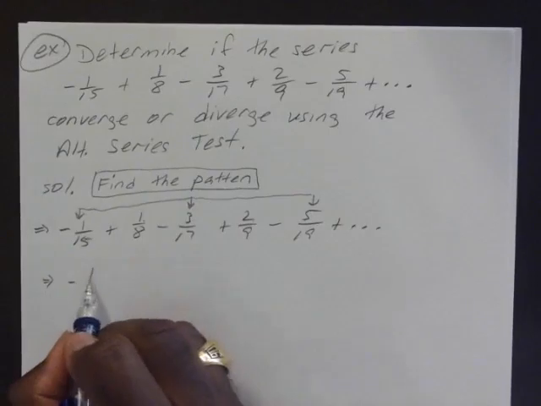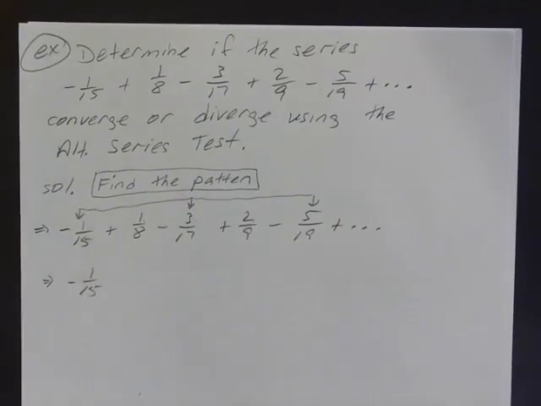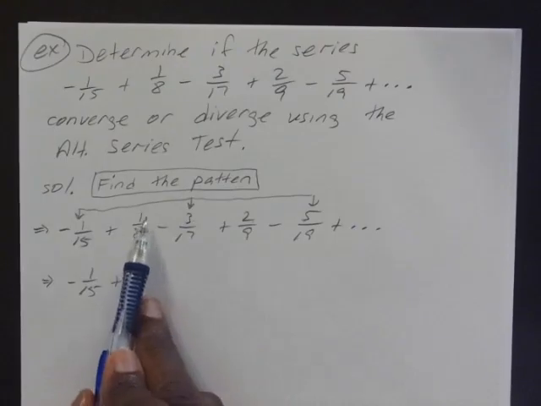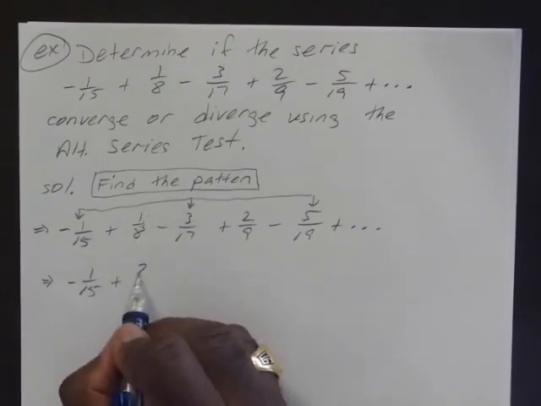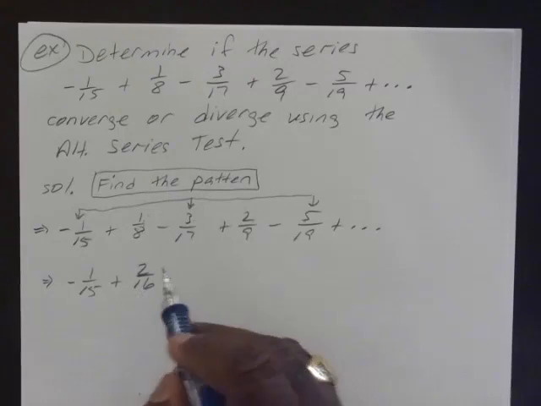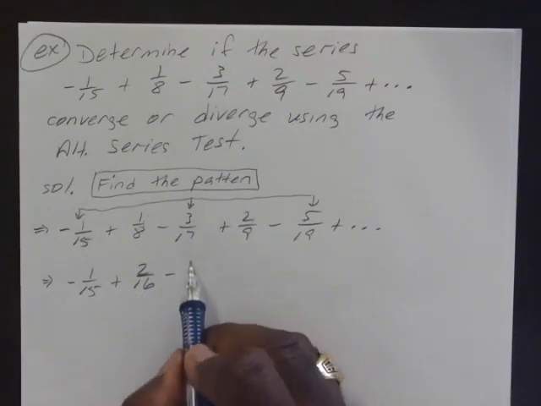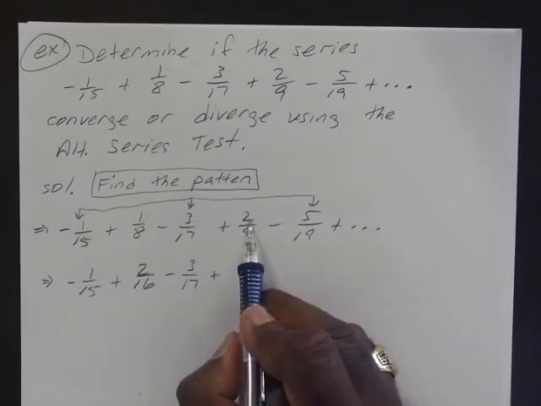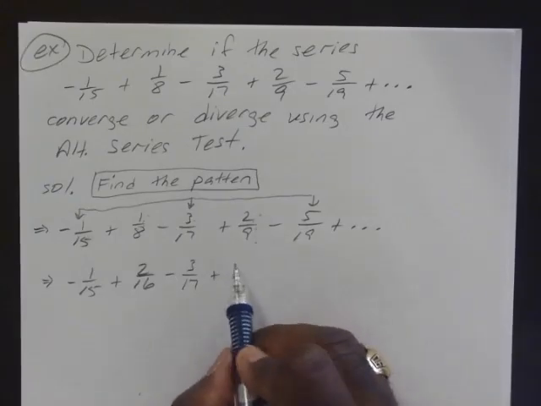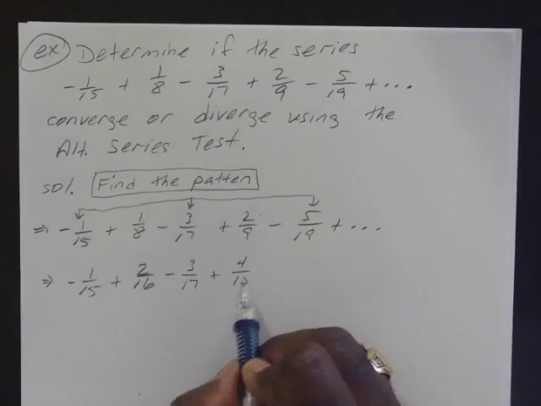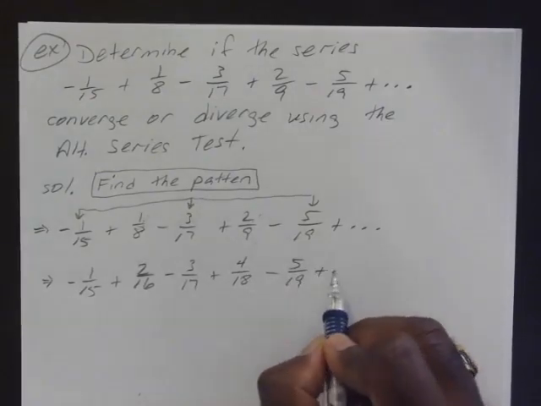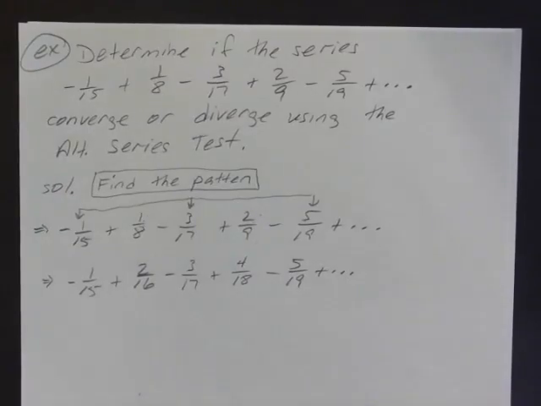Okay, so we have -1/15 plus, to make this numerator 2, multiplied by 2/2, so that's 2/16, minus 3/17, plus, to make this one 4, multiplied by 2/2, so we have 4/18, minus 5 over 19, which kind of made it a little easier.